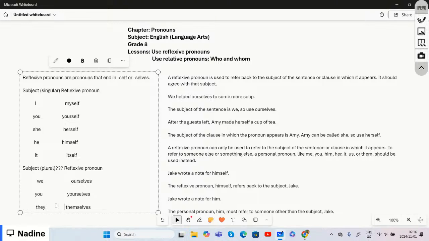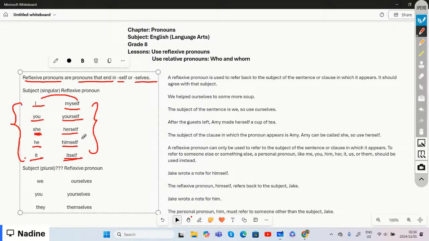And we're going to look at that now. So our plural subjects are words like we, right? It's like saying we helped ourselves to some more soup, which means that ourselves refers back to our plural subject, which is we, right?